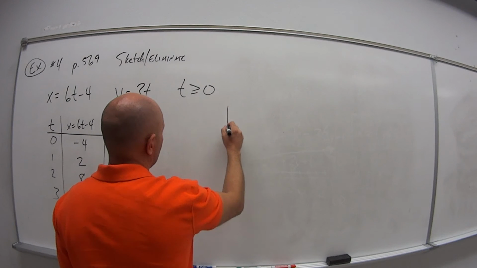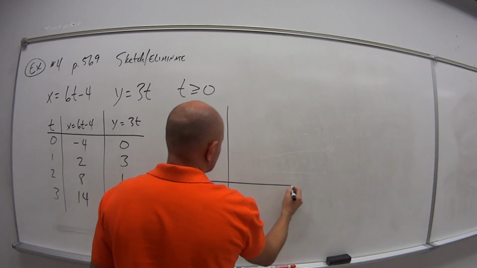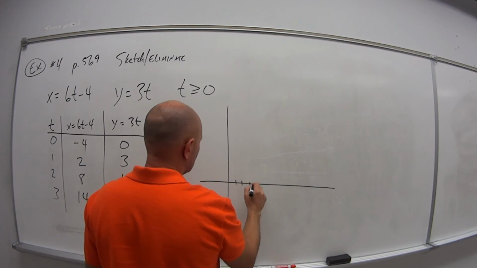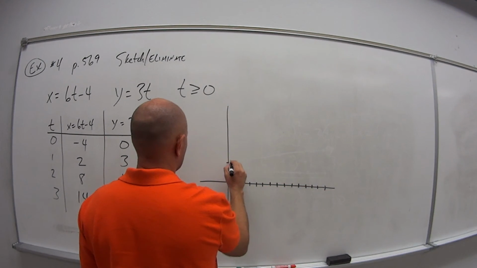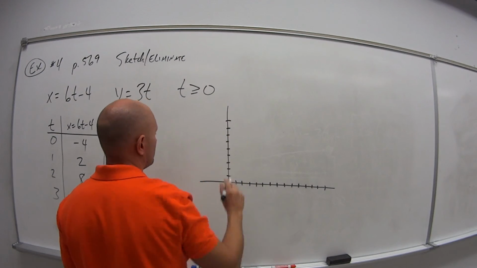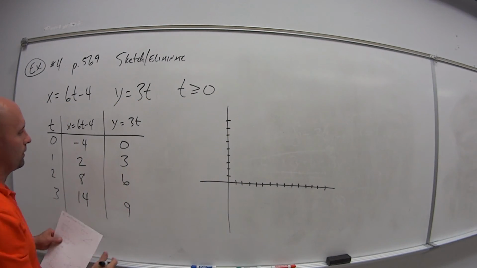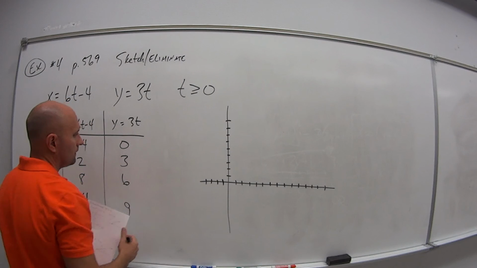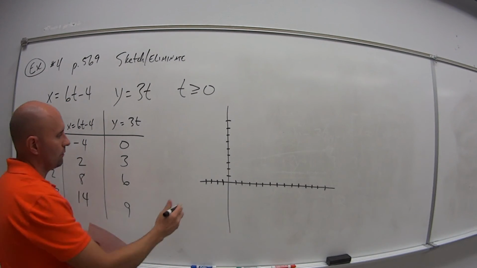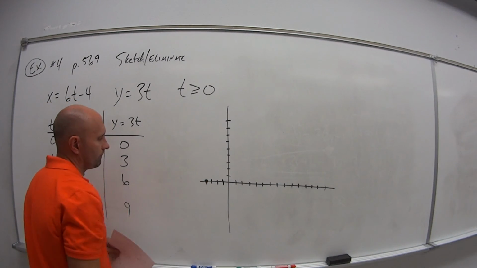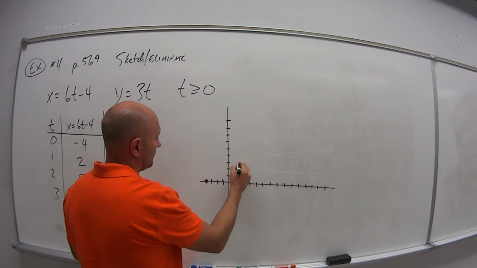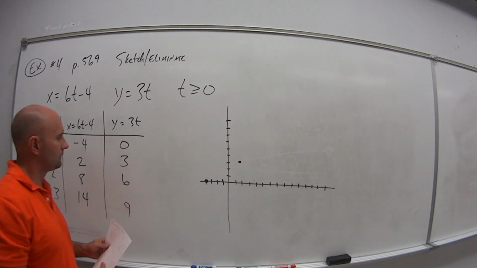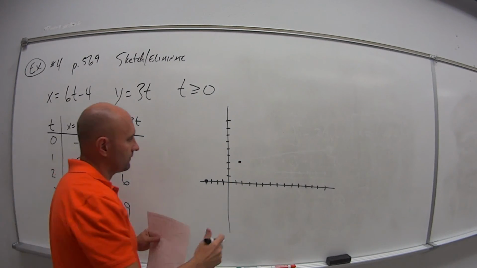So now if I graph this, my first point is at negative 4, 0. So that's over here. My second point is at 2, positive 3. So that's here. I have 8 and 6.